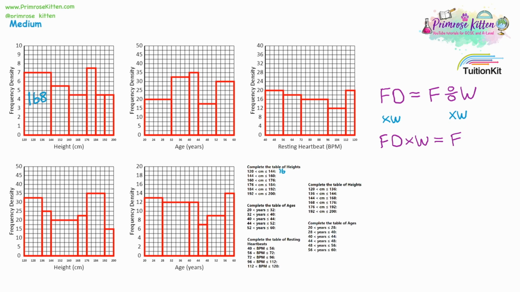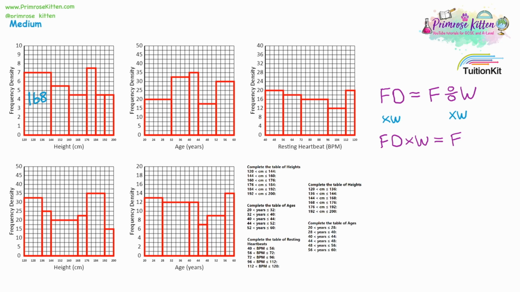Now, I could try and write that in the table. There's not really enough room to show all the questions at once, so I'm just going to write the answers directly onto each bar. Moving on to the second one, the width is in between 144 and 160, so we could take them away. 160 take away 144 is 16, or you could think 144 plus 16 is 160, whichever method you like, but the width is 16.